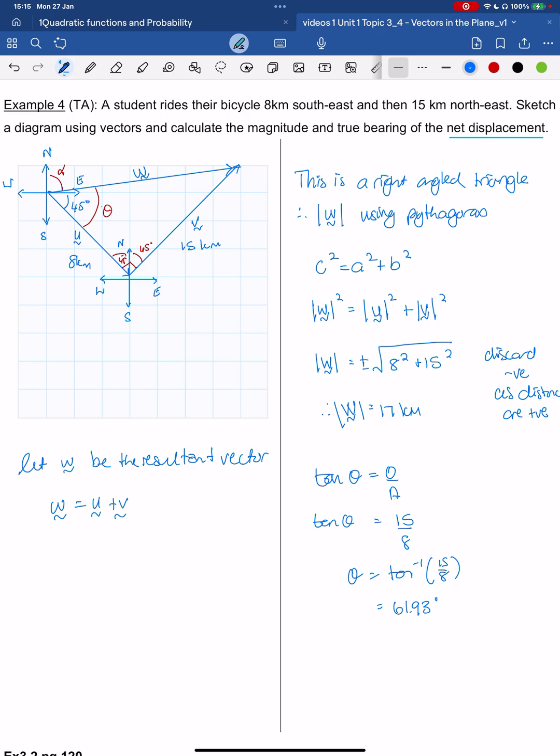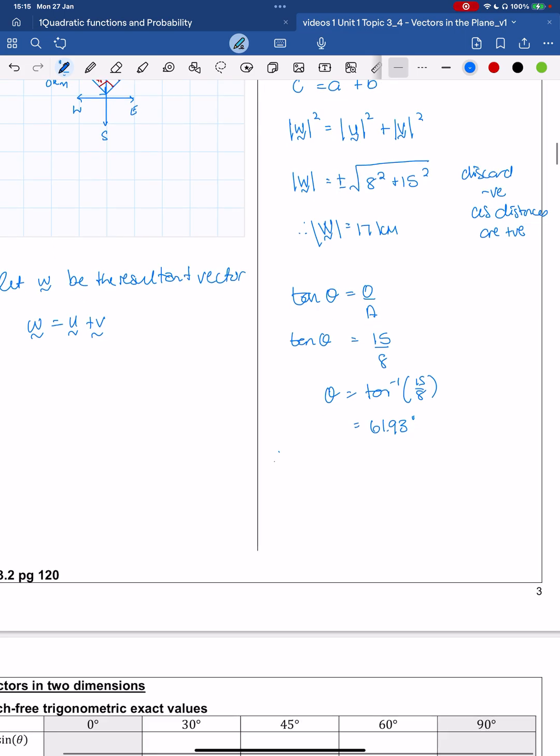All right, so my true bearing, in other words, would be my angle theta plus alpha. Okay, and I don't know what alpha is, but I know that theta minus 45 would give me that tiny little angle in there, and I know that alpha will be 90 minus that tiny little angle. Okay, so I can say my true bearing is going to be 90 degrees minus my whole angle theta minus the 45 degrees that I know about.